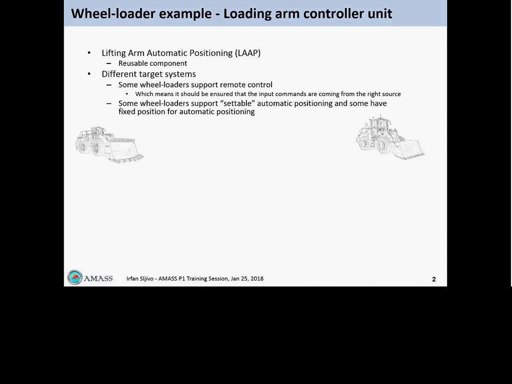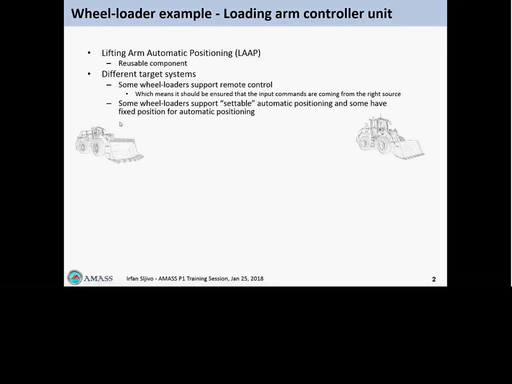For example, one getting the position of the arm, one performing automatic positioning of the arm, where the operator can press a button and move the arm into a predefined position, or the operator can manually move the arm, and so on. And some of these wheel loaders have support for remote control, which means that these inputs can also be generated remotely, not within the machine itself.